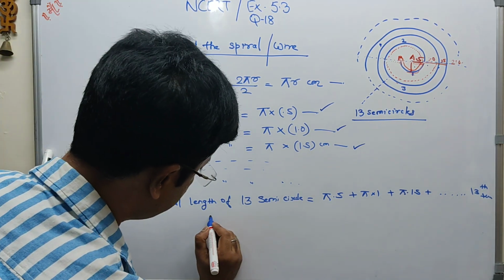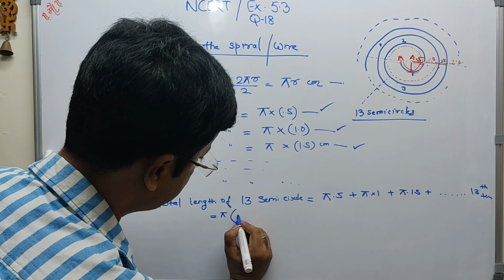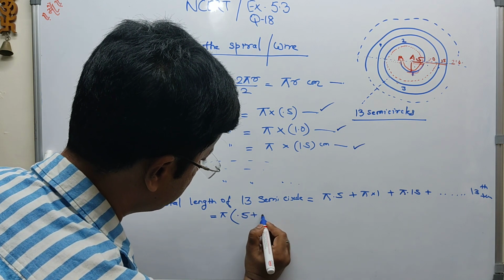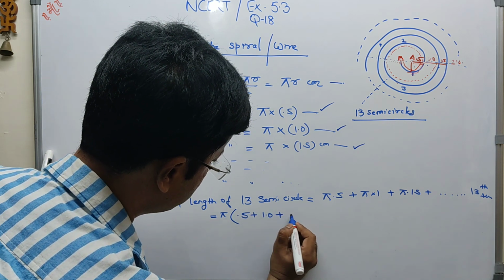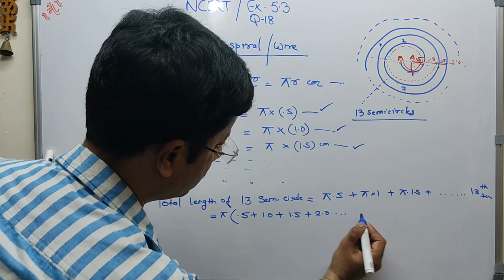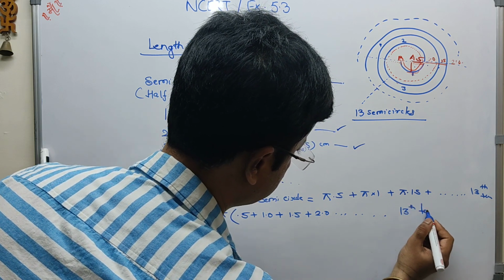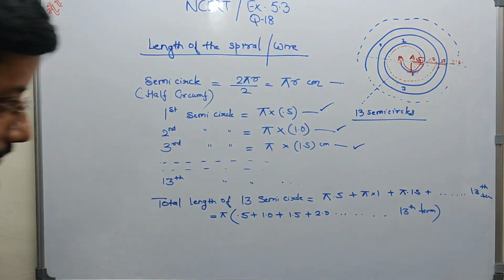We can take pi common: pi times 0.5 plus 1.0 plus 1.5 plus 2.0 till the 13th term.